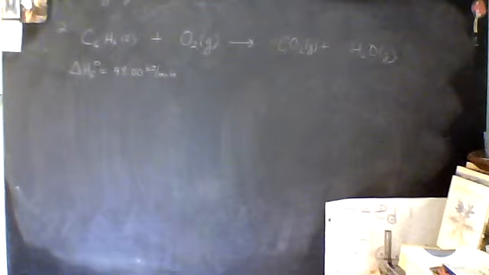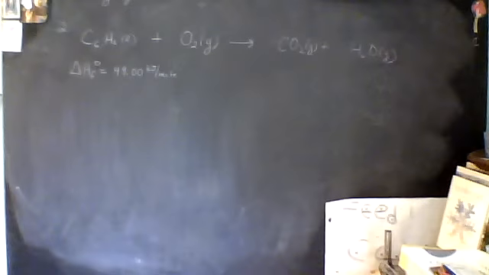And then on page 431 in equation 13.9, we're told that the standard change in enthalpy equals the summation of the standard enthalpy of formation of the products minus the summation of the standard enthalpy of formation of the reactants. So let me write that out.